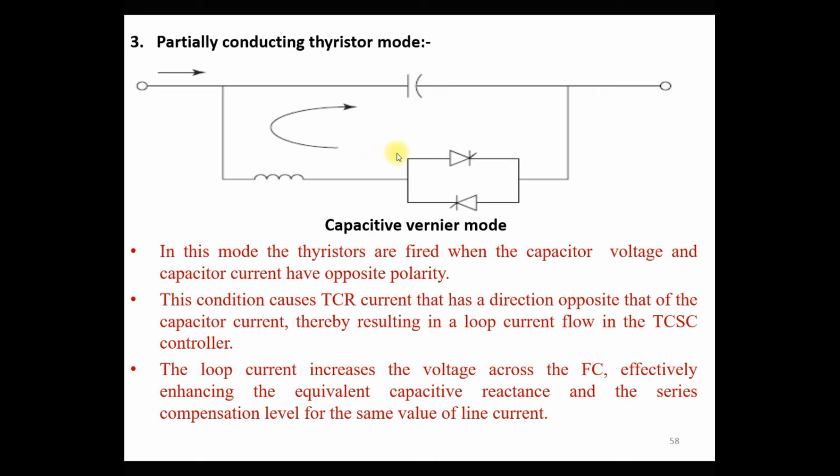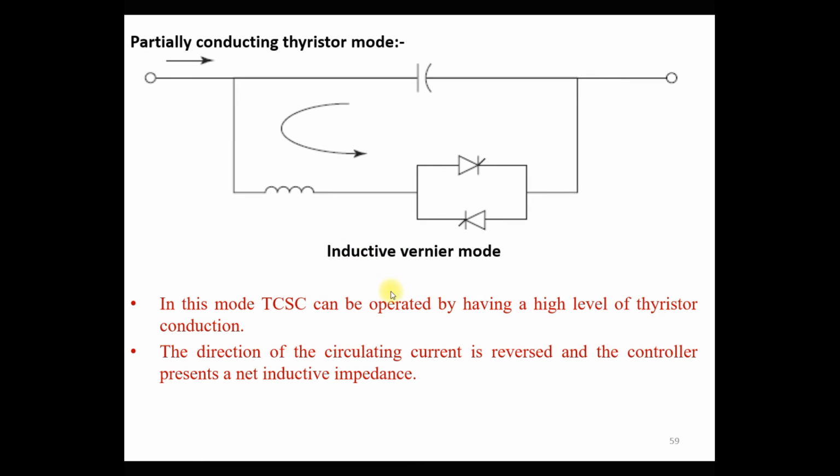So ultimately the equivalent capacitive reactance increases. In this mode the TCSC works as a capacitive vernier mode. And exactly opposite, in this case your thyristors are conducting for more than a 90 degree interval, so the circulating current becomes anti-clockwise and your overall impedance becomes inductive. So it is called the inductive vernier mode of TCSC operation.